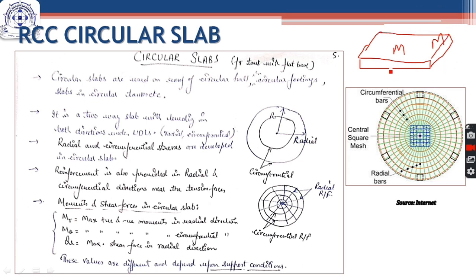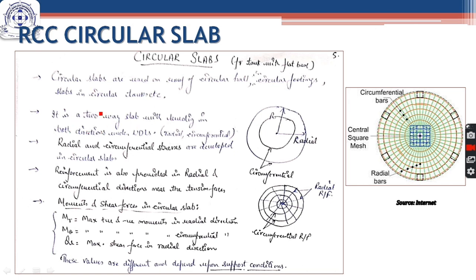So this was the design of rectangular slabs. Now similarly for circular slab also, some load is acting from above, and this load will lead to development of bending moments and shear forces in the slab. So the design of circular slab is done in very similar way.